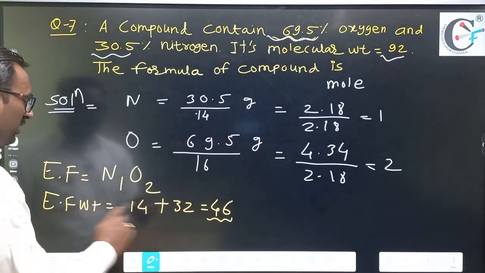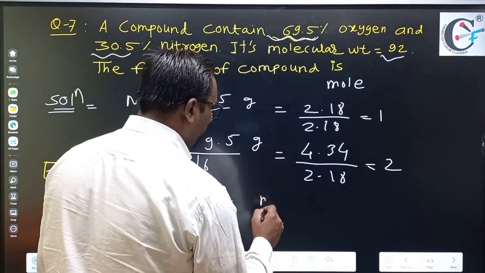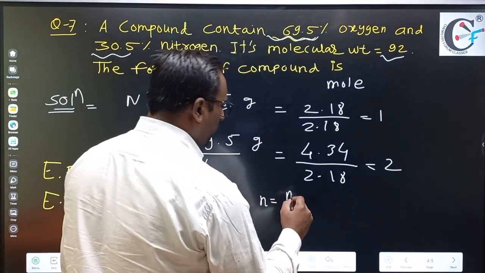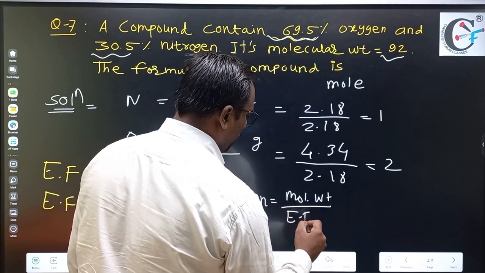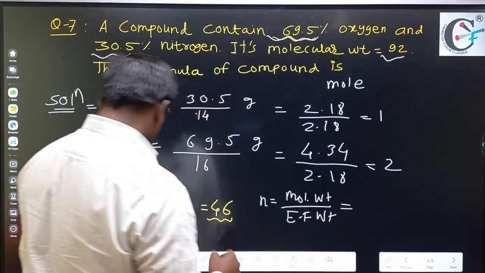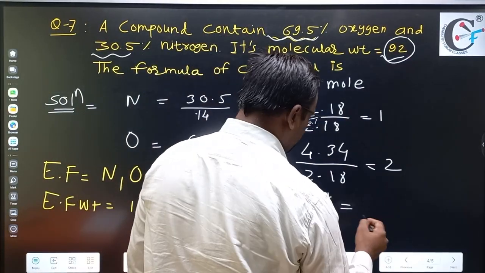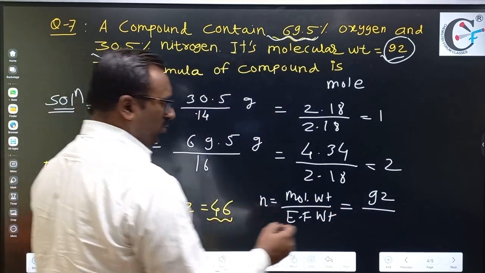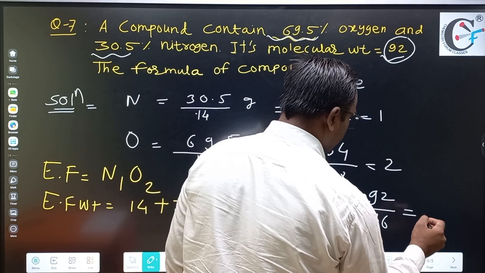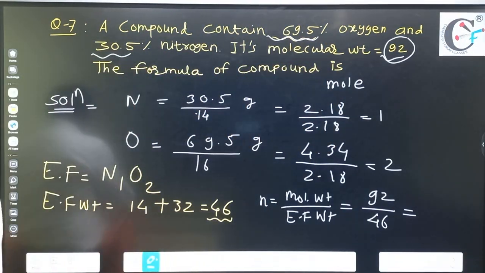Now, this is our empirical formula weight. Now, calculate the N factor. N factor will be equal to molecular formula weight upon empirical formula weight. Molecular formula weight is 92 and empirical formula weight is 46. So, N factor becomes 2.